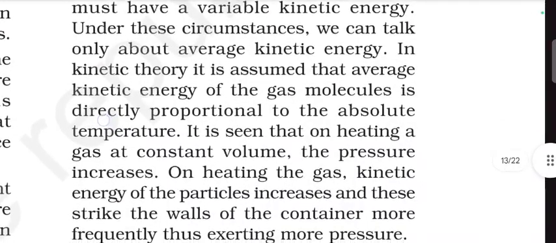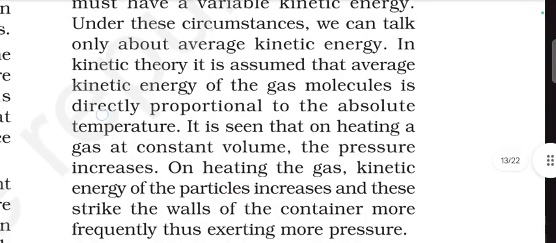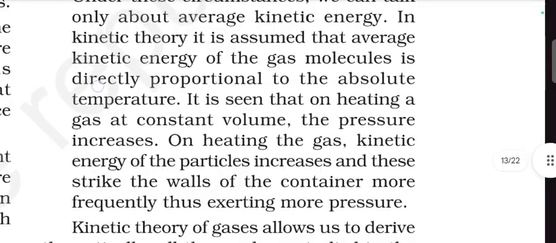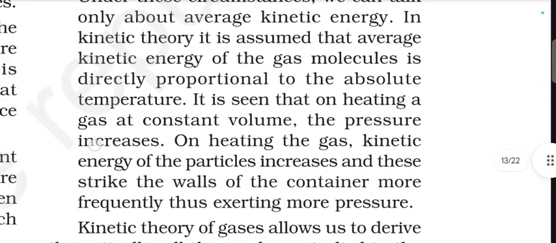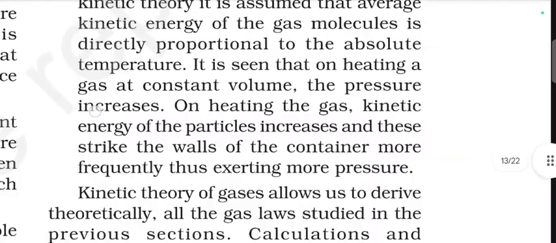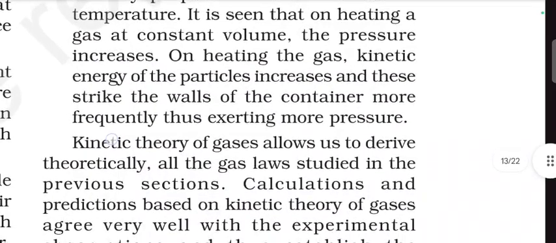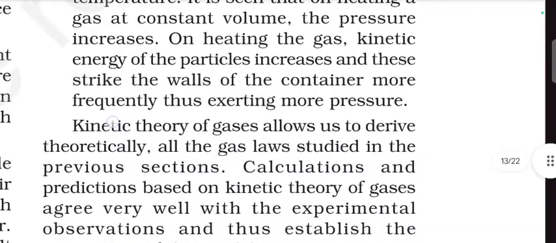Under these circumstances, we can talk only about average kinetic energy. In kinetic theory, it is assumed that the average kinetic energy of the gas molecules is directly proportional to the absolute temperature. It is seen that on heating a gas at constant volume, the pressure increases.